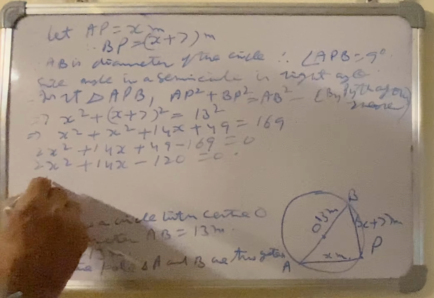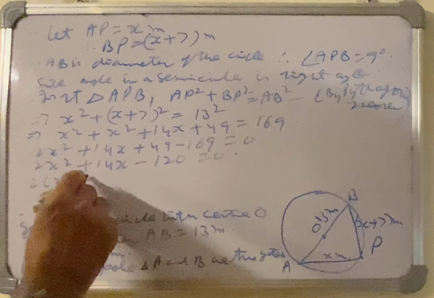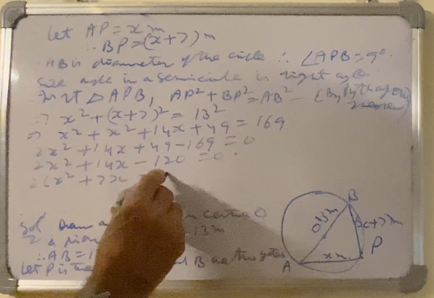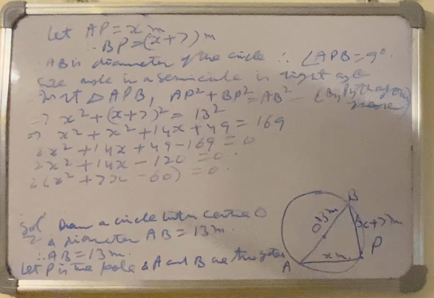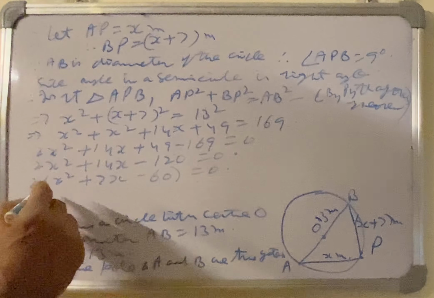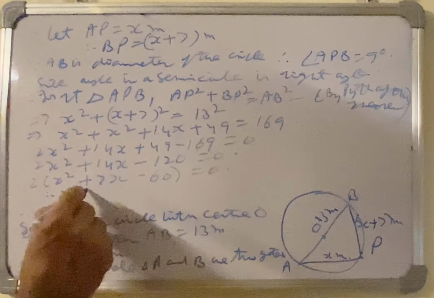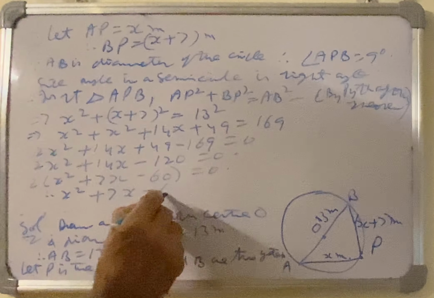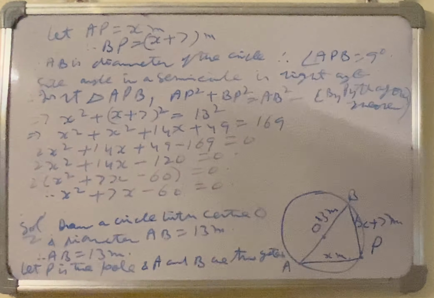Taking 2 common, x square plus 7x minus 60 is equal to 0.